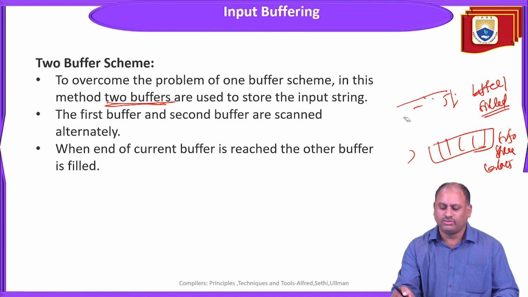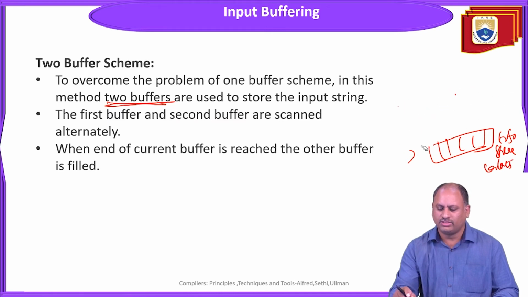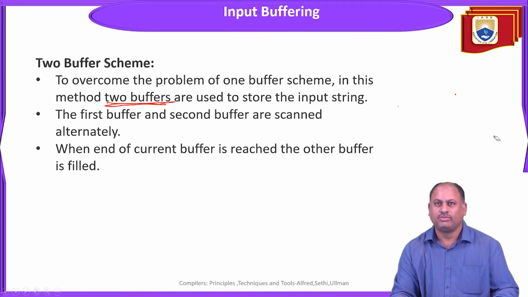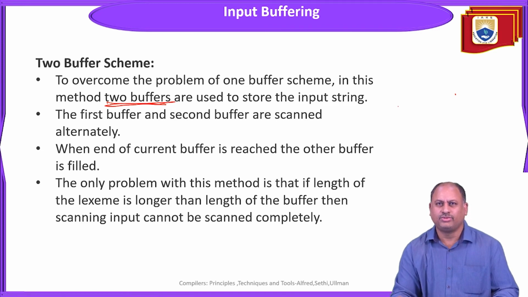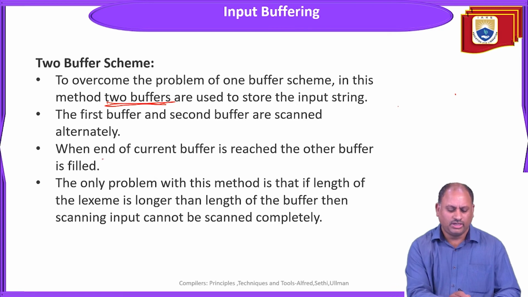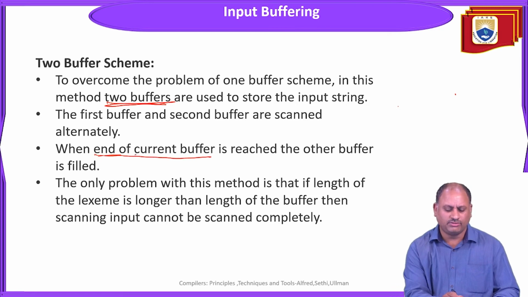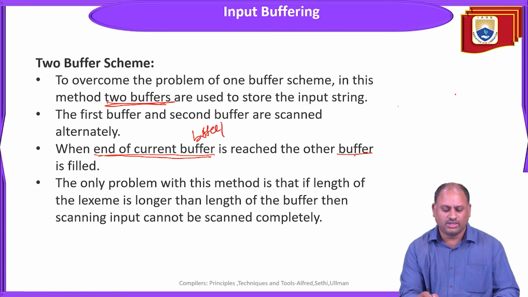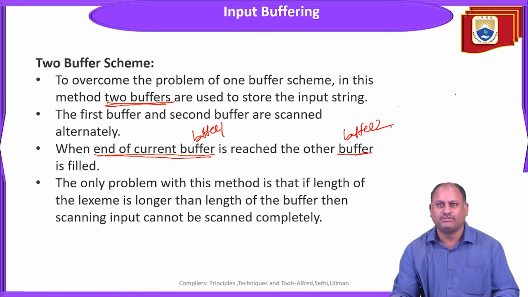So if the two buffers are also filled, that means exhausted, then what happens? The important procedure here is the end of the current buffer. End of the current buffer means maybe buffer 1, for example. Two buffers are there, buffer 1 is reached, and the other buffer, buffer 2, is filled.